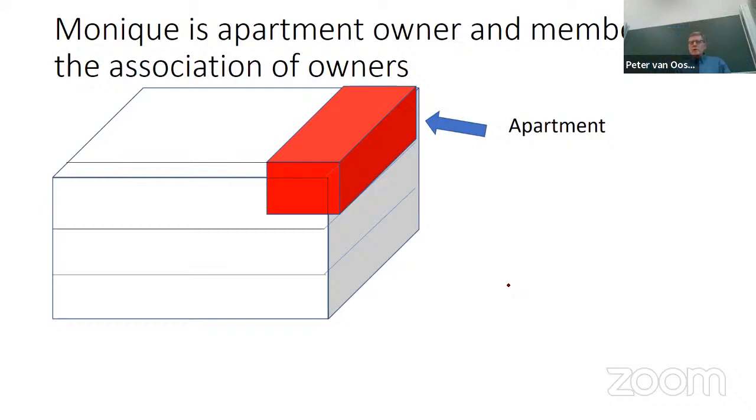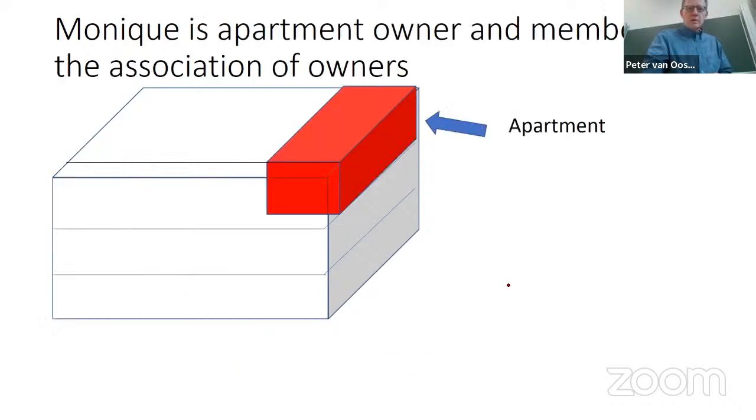Now we're going to have a look at the individual rights, the apartment rights. So there's one apartment at the top floor in the corner, in the far away corner from the elevators.